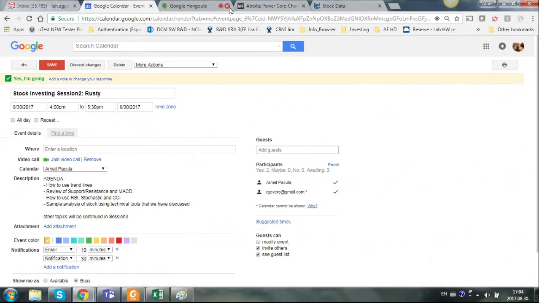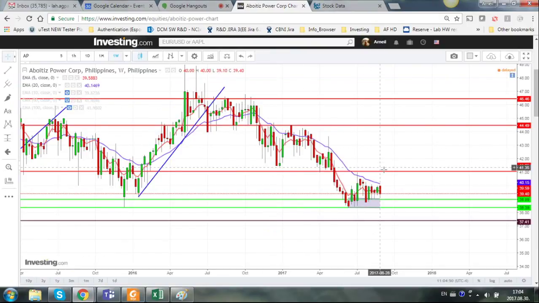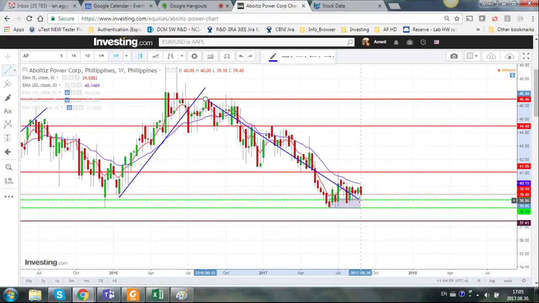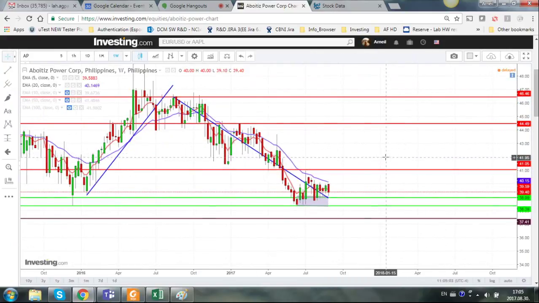RSI, stochastic, and CCI. So this will be easy. You know that this stock is downtrending. So there is a so-called oversold level for the price of the stock. Usually when it is oversold, buyers are attracted to it.